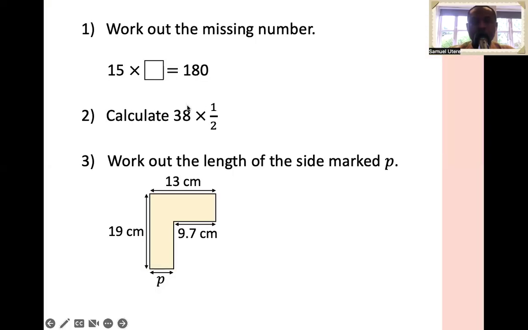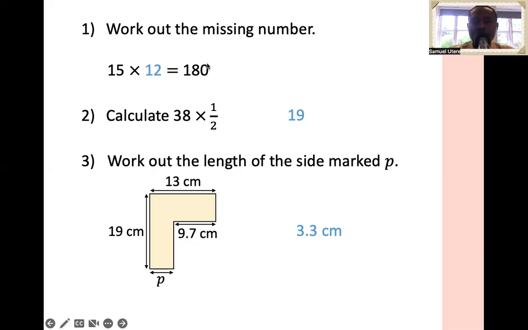Before we start, I would like you to pause the video and answer these retrieval practice questions in 2 minutes. Assuming you've paused the video and you've answered the questions, here are the answers. Let's discuss them. For the first one, you simply do 180 divided by 15 to find 12.